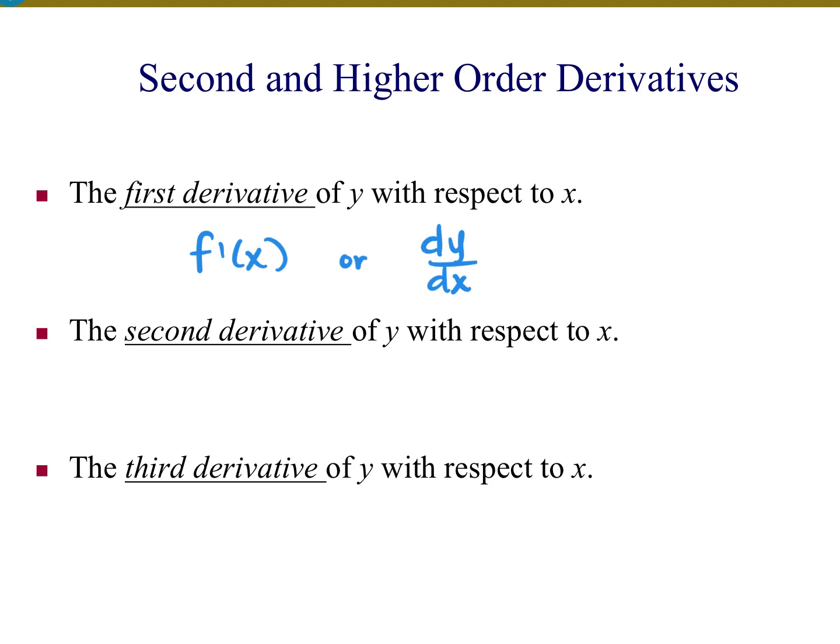The second derivative, okay, Newton would write it like this, with a double prime. And then Leibniz would write it like this. He snuck a little 2 in there to be the second derivative.